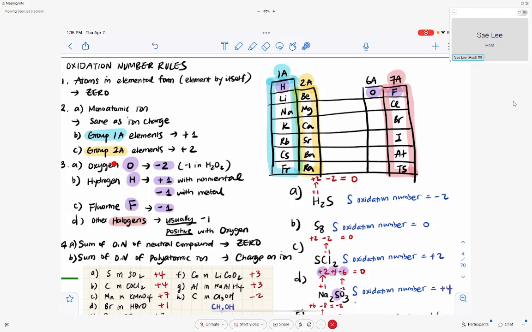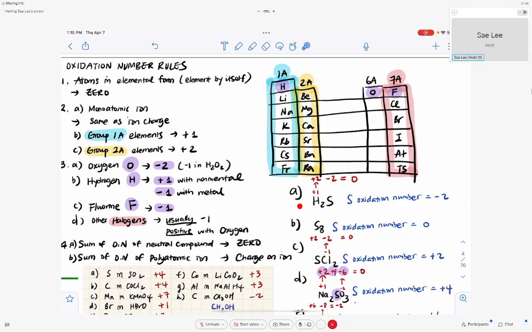The information that we know for sure from the third rule is that hydrogen has oxidation number of +1. That's the only thing that we know for sure. Another piece of information we know from the fourth rule is that the sum of the oxidation numbers of this neutral compound has to be 0. So the oxidation number of this plus this should equal 0.